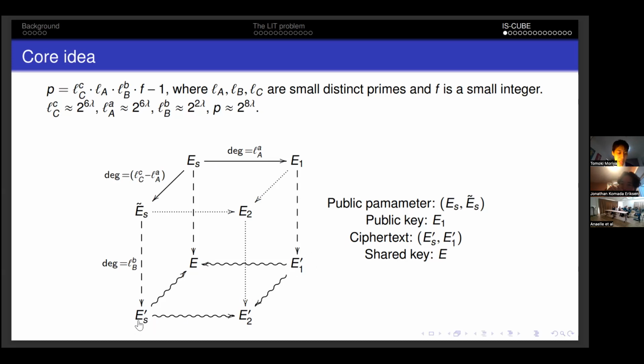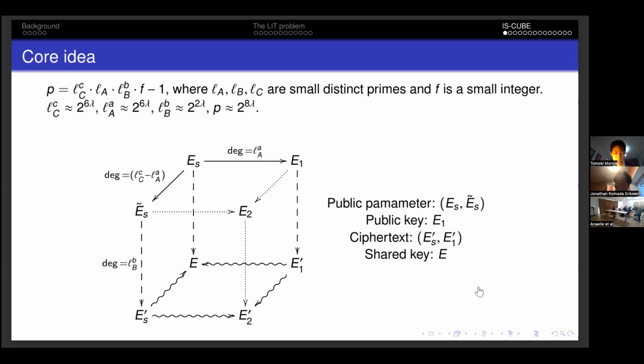And he outputs ES prime and E1 prime as a ciphertext, and lets E be the shared key. And in the decapsulation, Alice uses Kani's theorem and computes the isogeny from ES prime times E1 prime to E times E2 prime. Then she gets the shared key E. This is a very easy, very rough explanation of the ice cube.